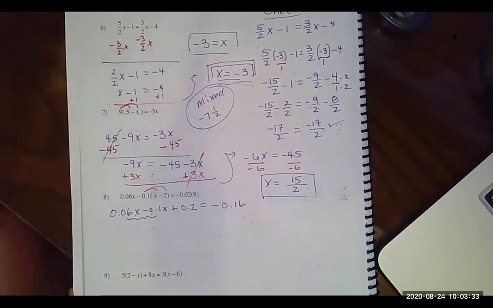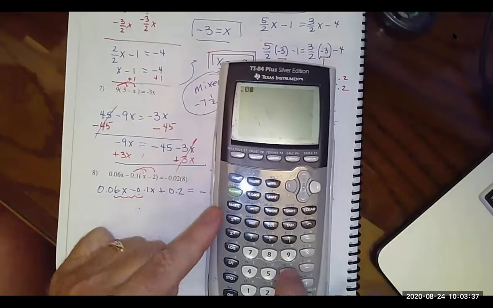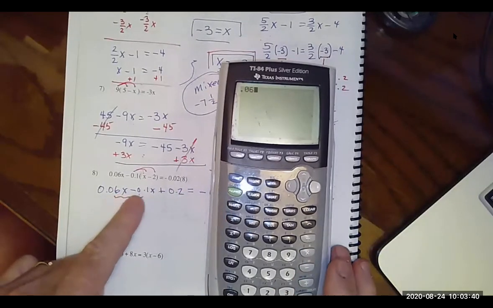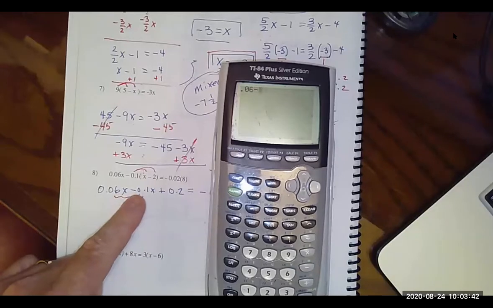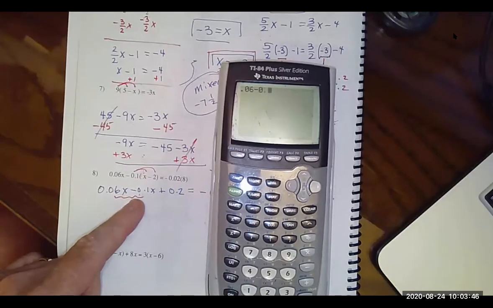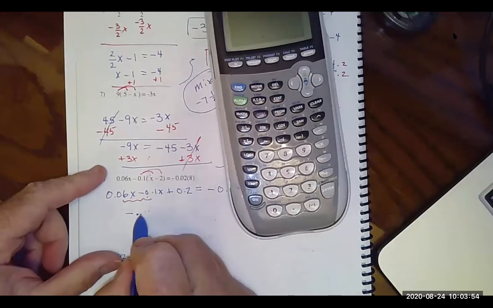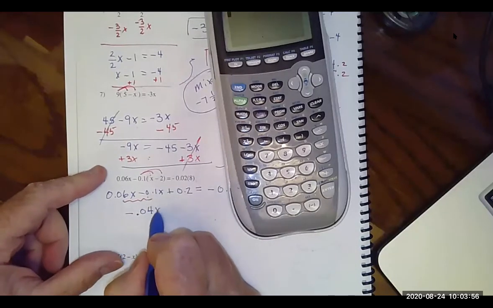So I'll use my calculator again instead of doing it in my head. I got 0.06, and then subtract. Well, if you want to include the 0, no problem, but put the point and then 1. So that's negative 0.04. Don't forget the x.